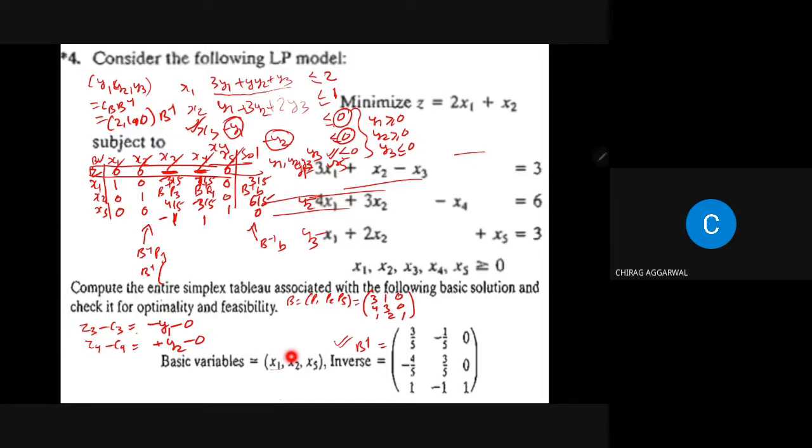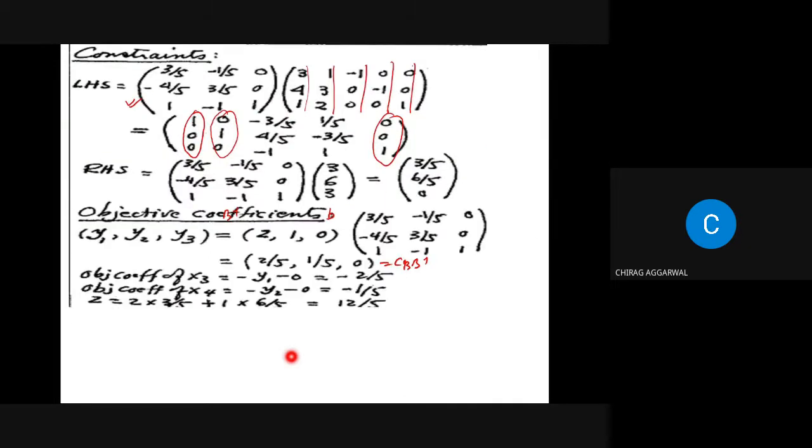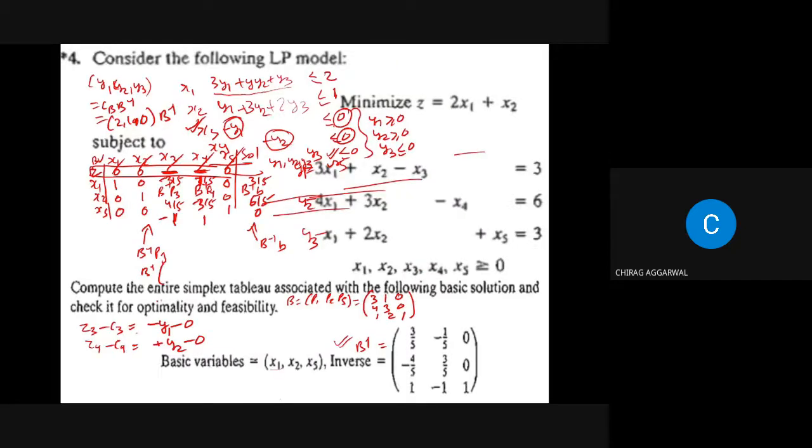And y1, y2 we have computed as 2 by 5, 1 by 5 and 0. So that you will write. So automatically you will get minus 2 by 5, minus 1 by 5. And what about this place, the z star, that is CB XB?